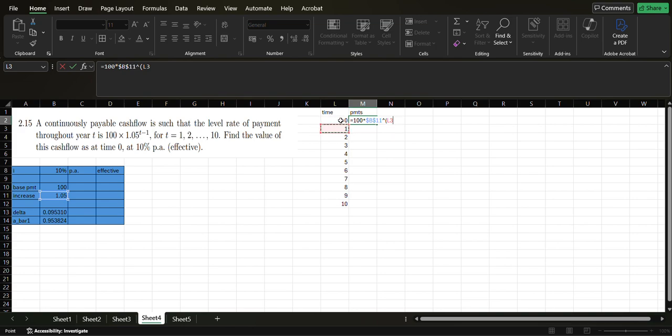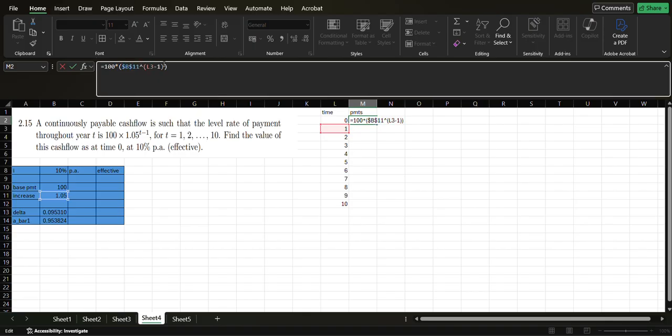This interval is year 1, so you don't put the payment here, you put it for this interval. So I'm going to have 1 minus 1. And then we're going to multiply this by a bar 1, and I'm going to fix a bar 1 as well.